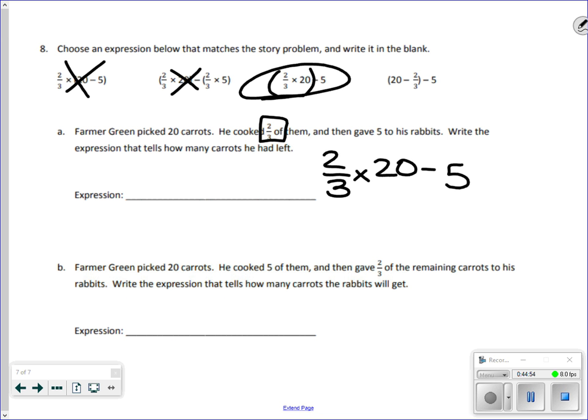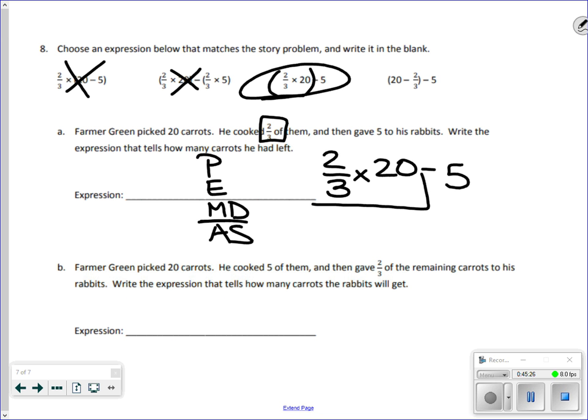Just because there are no parentheses, you would still multiply first, because of parentheses, exponents, multiply, divide, add, subtract. You would still do this first because you multiply and divide before you add or subtract, even though there are no parentheses in this problem. I gave you a chart that's already got an order of operations on it.